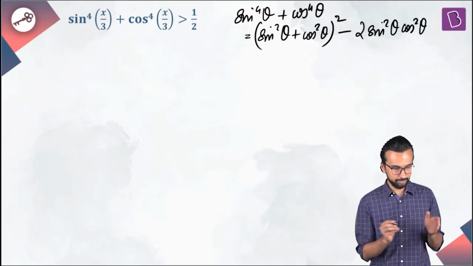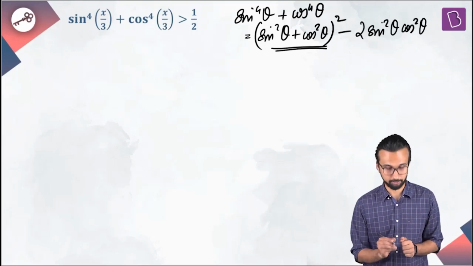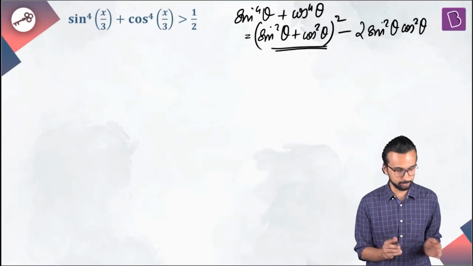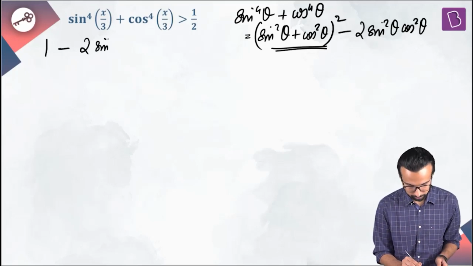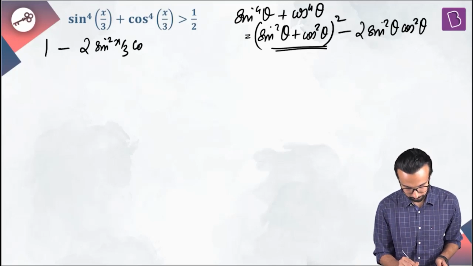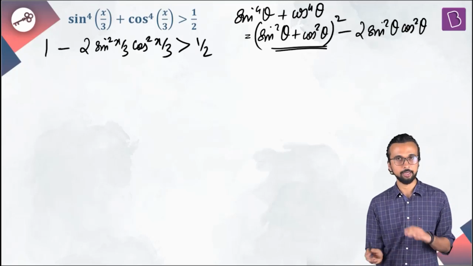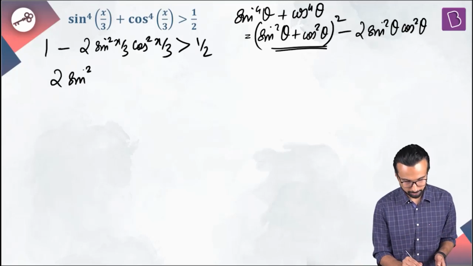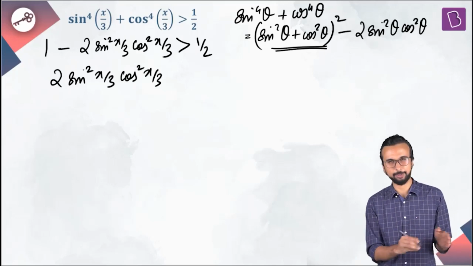In our context, look at the first part here. The first part says 1, since it's sin square theta plus cos square theta. So I'll write this as 1 minus 2 sin square x by 3 cos square x by 3 greater than half. I'll shuffle the whole thing and rewrite it as 2 sin square x by 3 cos square x by 3, which went to the RHS.